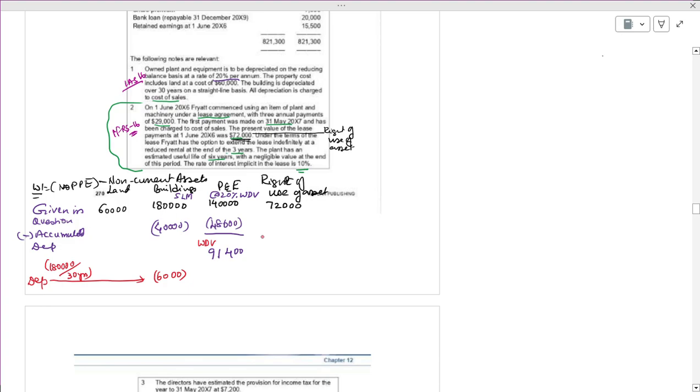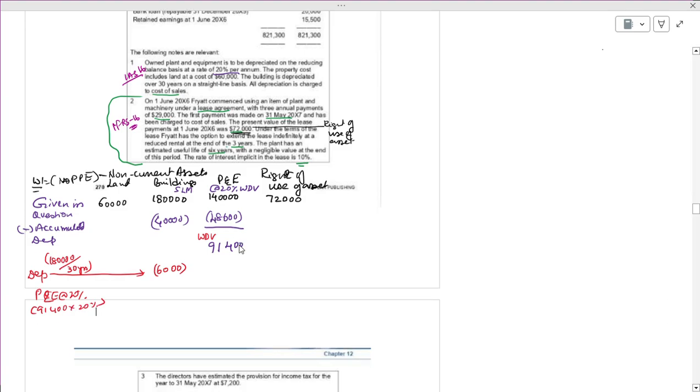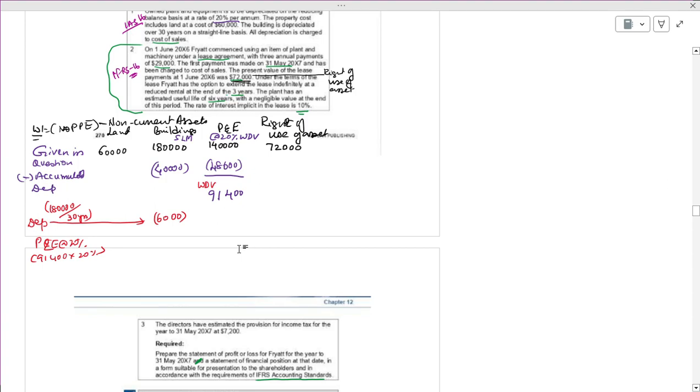And for property and equipment, at the rate of 20%, 91,400 times 20%. How much? 18,280. Okay. Next.